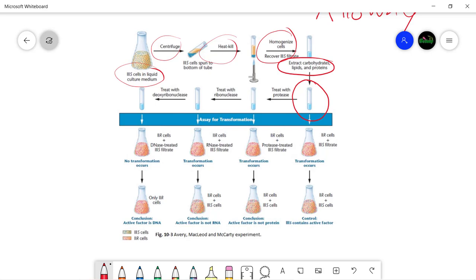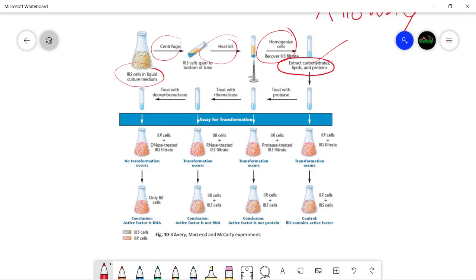So hopefully you are following me. Next step was to find out which compound in this extract is responsible for the transformation. That is, what is the transforming principle. Now, as you know, when you take extract from a cell, it contains all these compounds which you have already studied before the mid-semester examination, the biomolecules, that is proteins, carbohydrates, lipids, and of course nucleic acids.